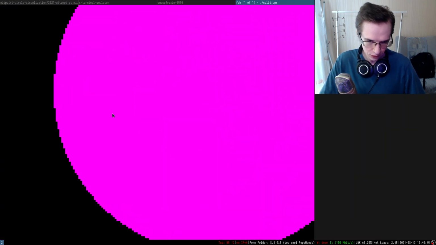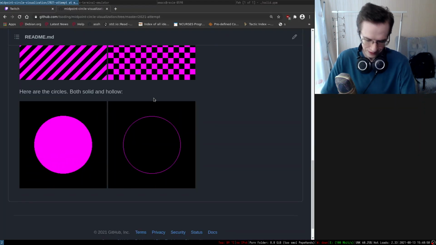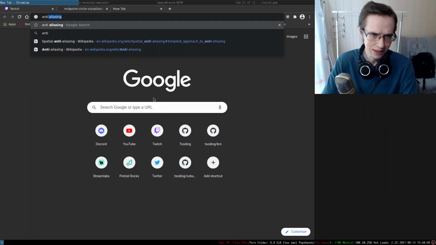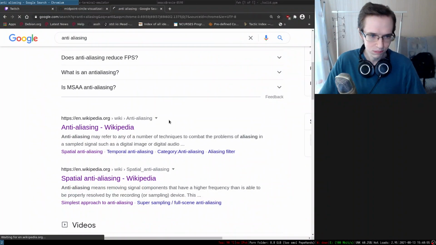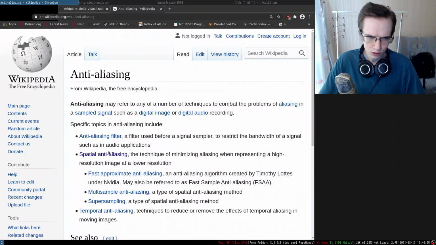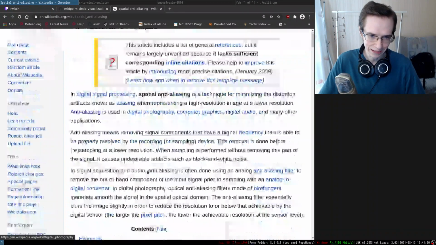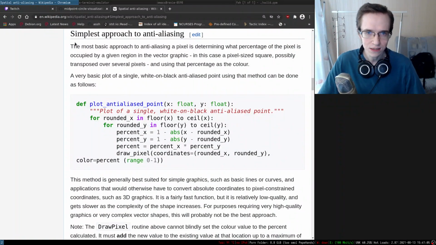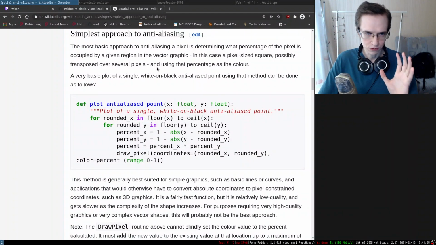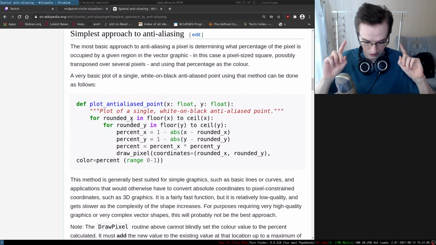And recently I was just looking on the internet: how do you do anti-aliasing? I think specifically I was looking for spatial anti-aliasing. And I clicked on that link and read the first paragraph of this section.